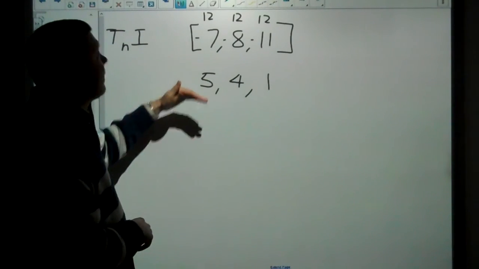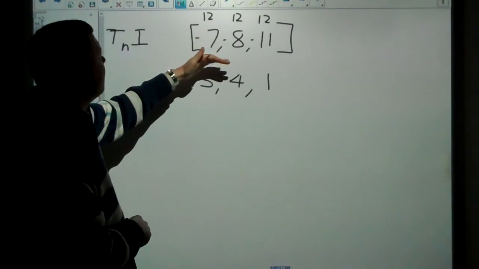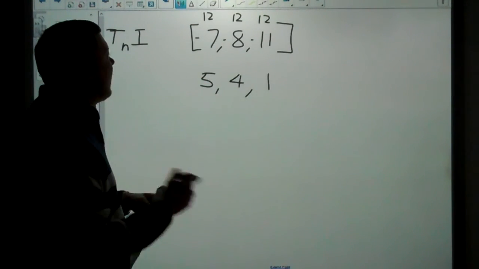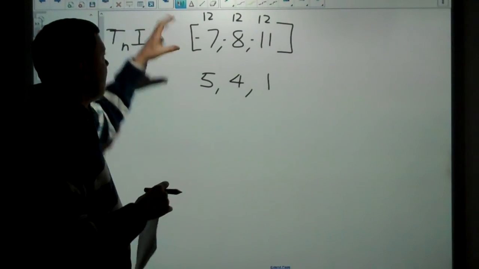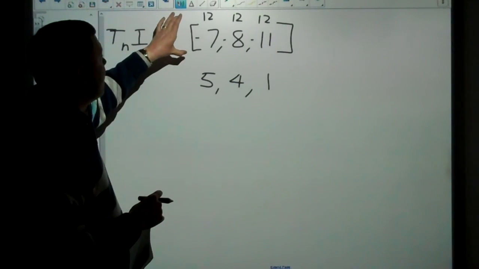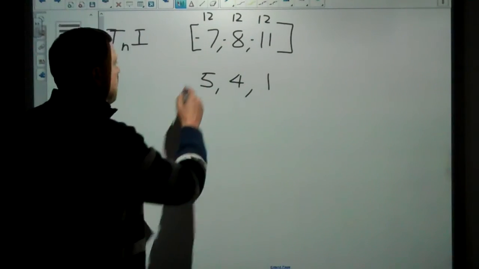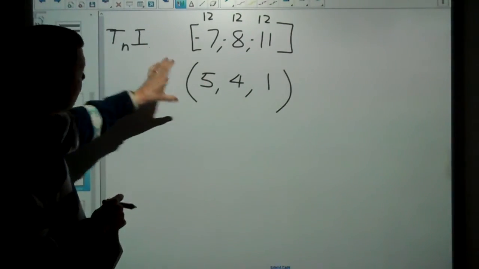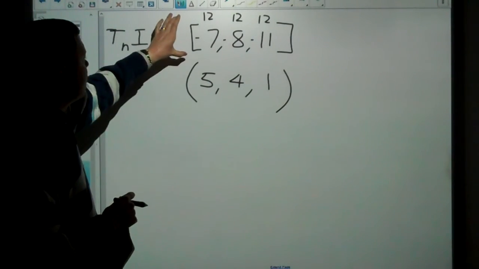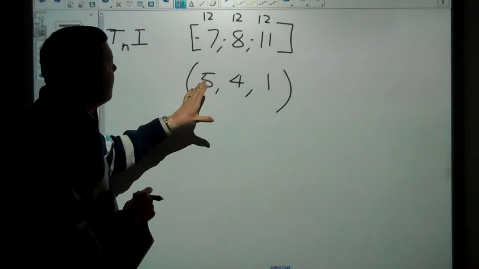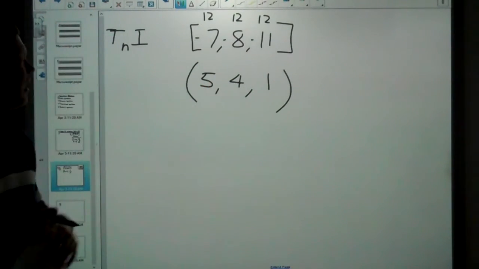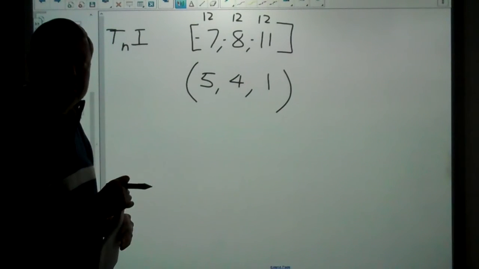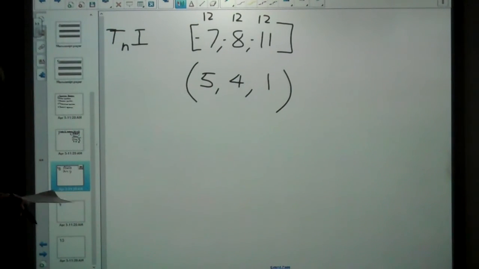But when I invert the set, that is, if I subtract all the members of the set from 12, and I get this result, the set 5, 4, 1, it knocks my once normal order set out of normal order and makes it an unordered set again. So I'm going to use curvy parentheses rather than the square brackets to notate this inverted set, 5, 4, 1. It's an unordered set. It has been jarred out of normal order. That's what inversion does to a set.